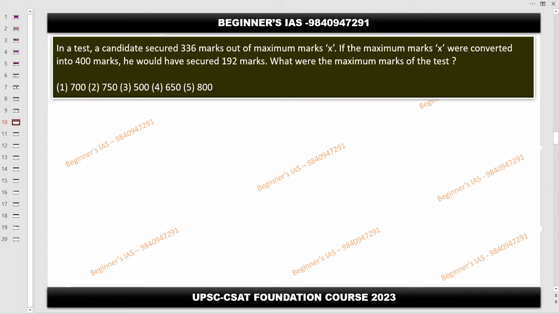Listen carefully. So now, if you know the concept called proportion, then easily you can solve this. X, you don't know that maximum mark, the candidate secured 336, which is equal to 400 of this maximum mark.